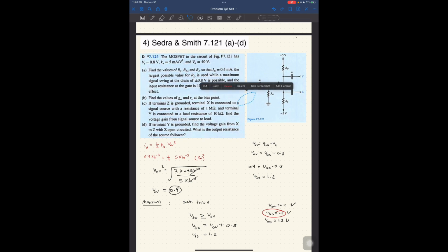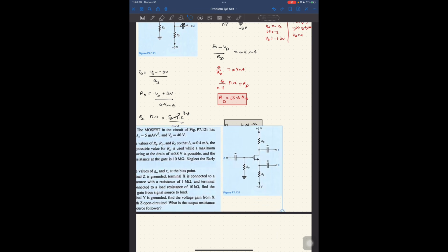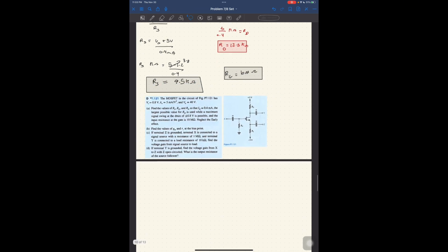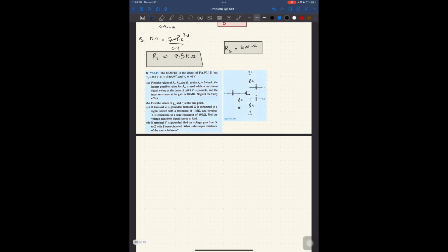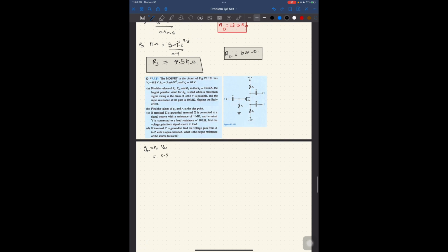Let me just do this really quickly so that I don't have to keep scrolling up and down. So find the values of gm and ro at the bias point. Well, gm is nothing but Kn times VOV, and VOV, oh my god, I have to scroll up anyways. VOV is nothing but 0.9, so it's 0.9 times 5 times 10 to the negative 3, which is nothing but 2 times 10 to the negative 3.